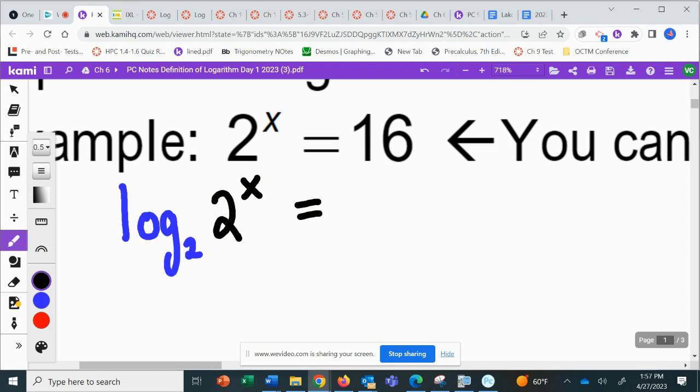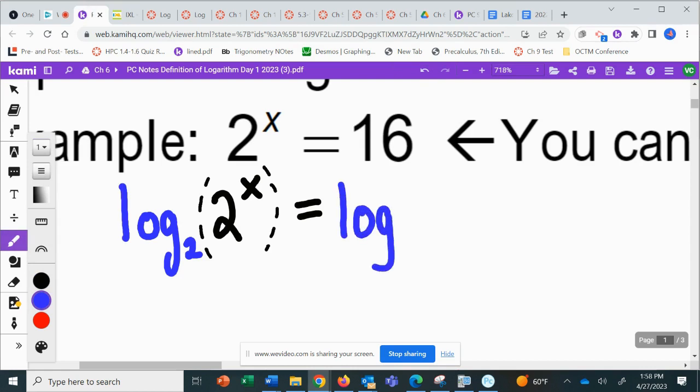All right. Now, I do want to let you know that there are understood parentheses here. So you're not always going to see the parentheses. That was an ugly one. But there's parentheses here. So really this is saying log base 2 of 2 to the x. All right? On the other side, if I do log base 2 on one side of an equation, I have to do it to the other side.